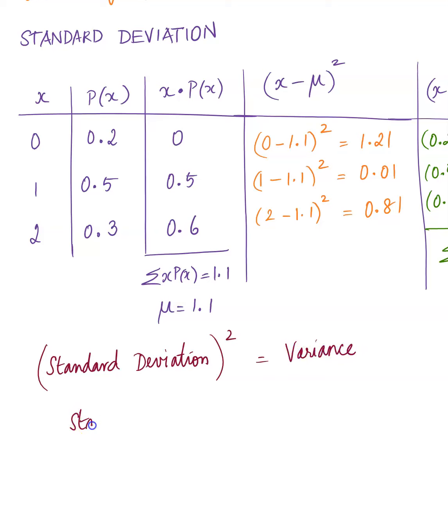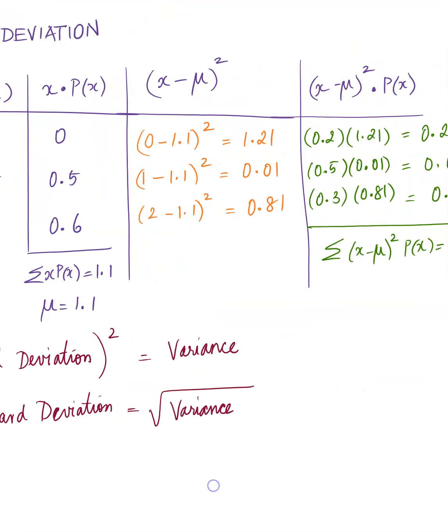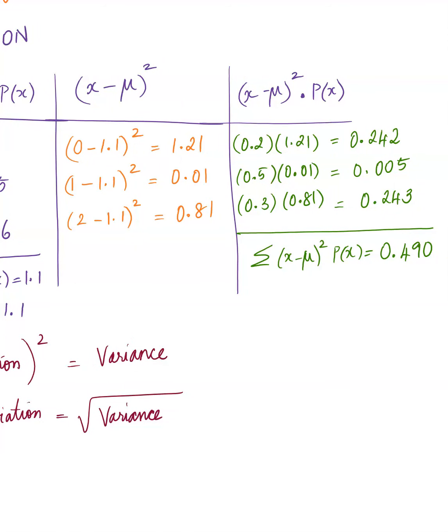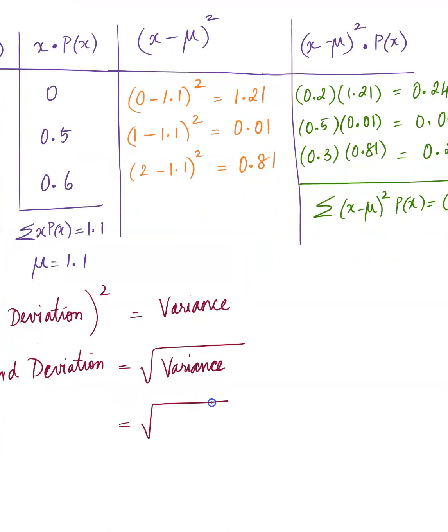If you wanted the standard deviation by itself, then you need to take the square root of the variance. What we saw was the green column, that value gave us the variance. So we need to take the square root of that. Therefore, square root of 0.490, that's a perfect root. So we actually get back 0.7, no decimal places.